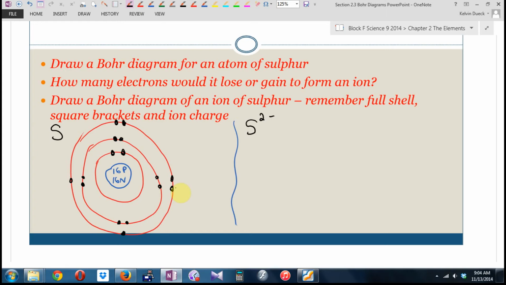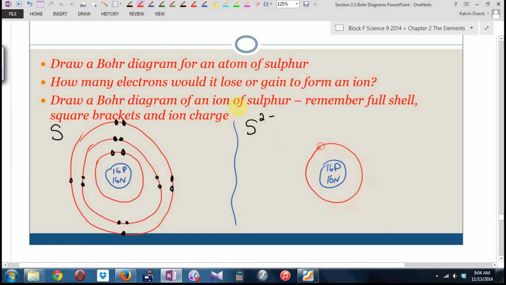Sulfur ion. Now, how do I know it's a sulfur ion? If they say the word ion or if they give me the charge on the symbol. Okay, it's going to start out the same. 16 protons, 16 neutrons. The first shell is going to have 2.